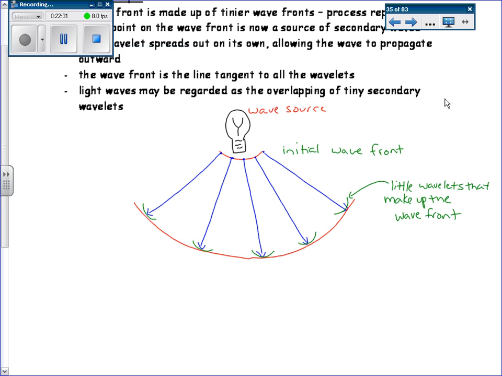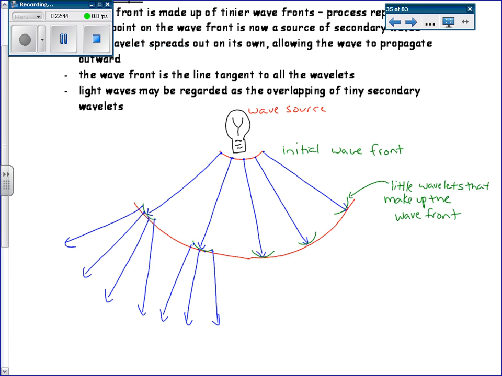What we basically have is each of these little wavelets has tiny little wave fronts on it, right? So then they would all propagate outward here. And it just keeps going.